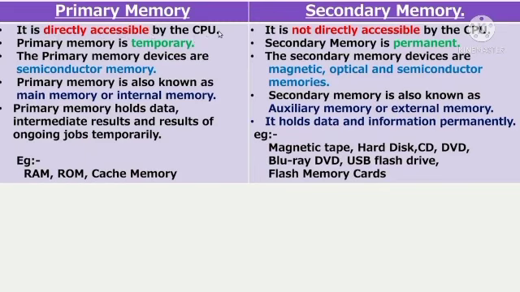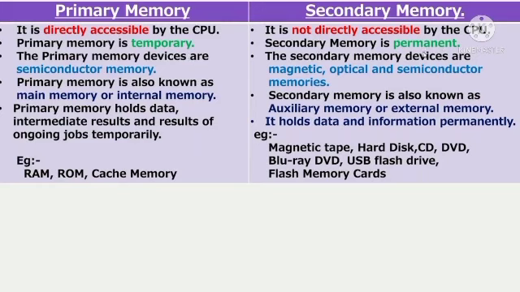Primary memory is directly accessible by the CPU, but secondary memory is not directly accessible by the CPU. Primary memory is temporary. That means when the power is switched off, the data will be lost. But in the case of secondary memory, it is permanent. Primary memory devices are semiconductor memory.